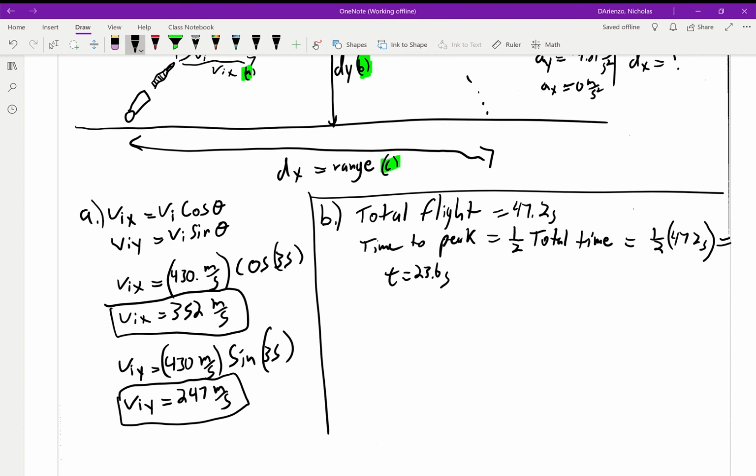And this is to rise to peak. So it's going to take us 23.6 seconds to rise from the ground all the way up to the maximum height that this missile will go.